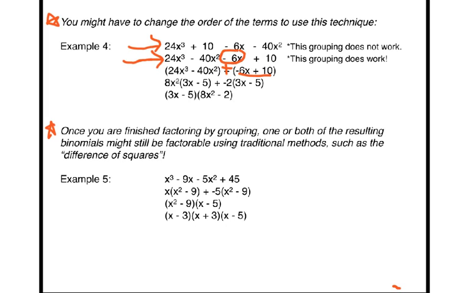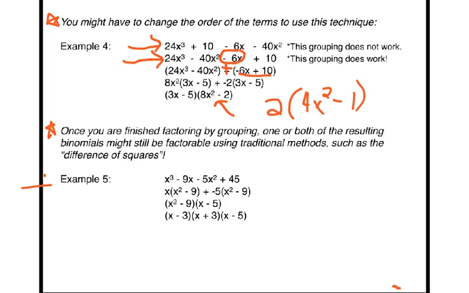Once you are finished factoring by grouping, one or both of the resulting binomials might still be factorable using traditional methods, such as the difference of squares, or even in this previous problem, you had 8x squared minus 2. We could have brought a 2 outside of that expression, leaving behind 4x squared minus 1.